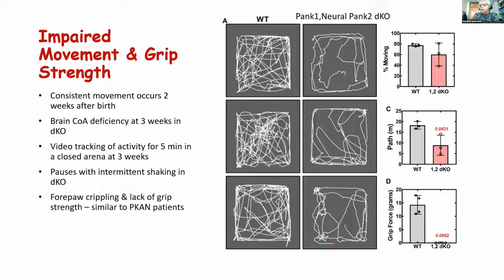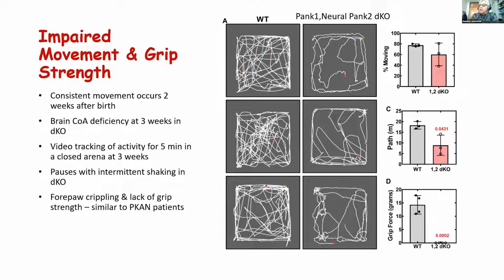This movement included pauses with intermittent shaking, and the shaking was recorded as movement. So there's no apparent decrease in movement, but there's a substantial decrease in the distance traveled by the animal over a 5-minute period.